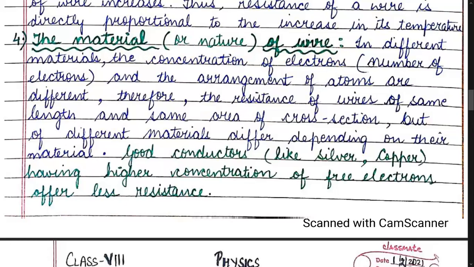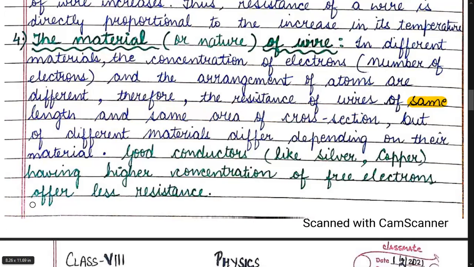So in different materials, the number of electrons and the arrangement of atoms are different. Therefore, the resistance of wires of same length and same area of cross-section, but of different materials, differ depending on their material.